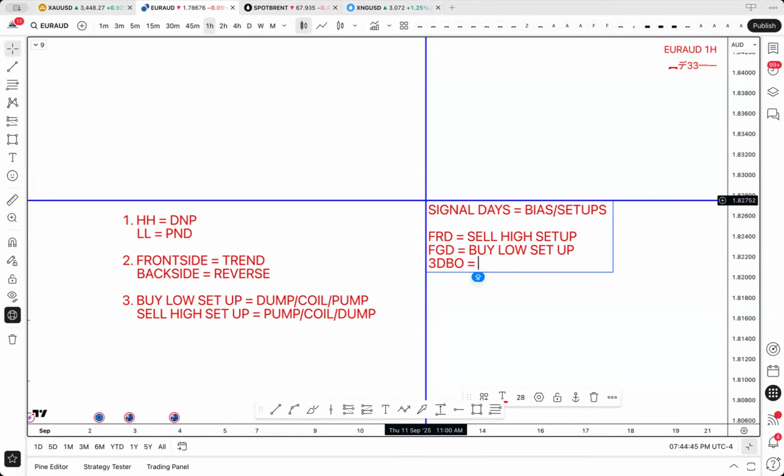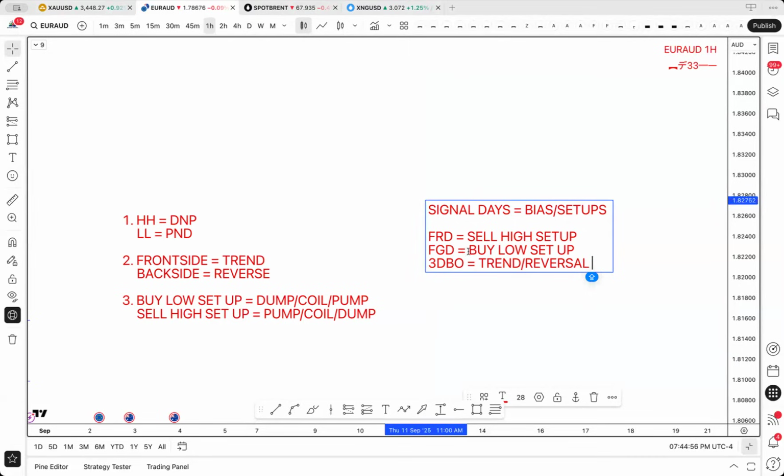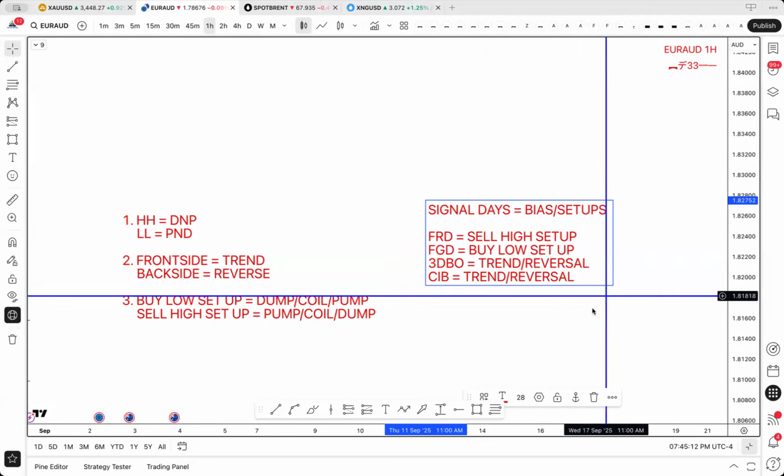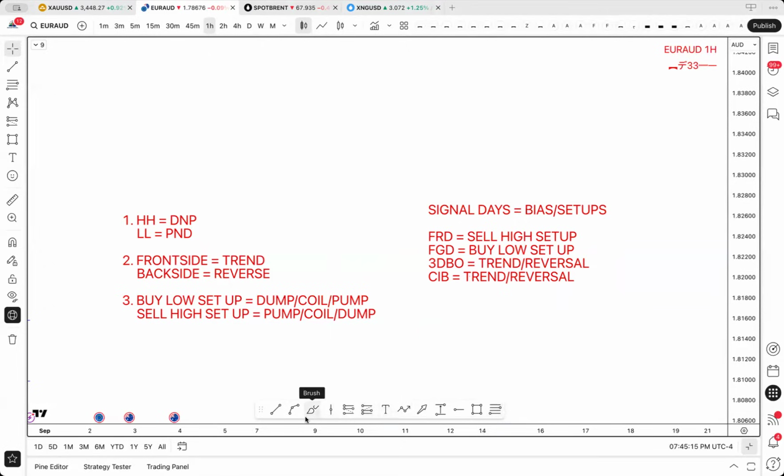That is a trend or reversal trade. So, first green day is a buy low. That's one direction. First red day, sell high. That's one direction. Three days of breakout traders and the closing breakouts. Both of those are either a trend or a reversal setup based off of the price action, based off of if you are on the front side or back side of the actual pump or dump.